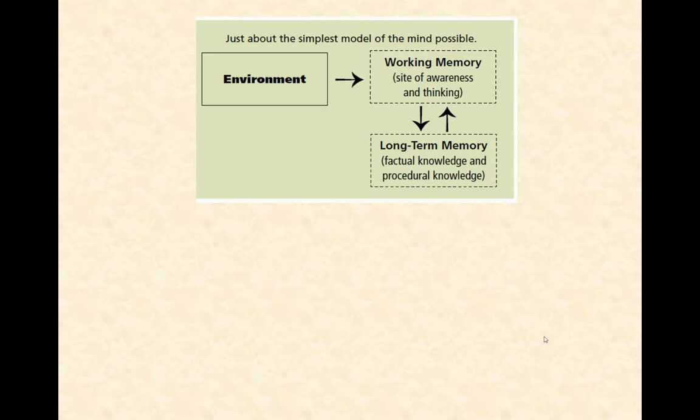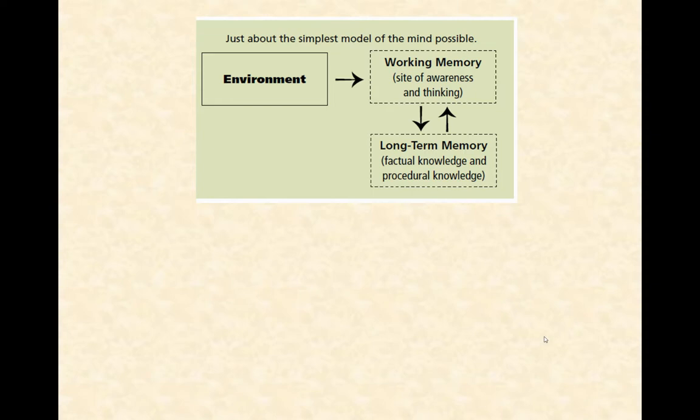You then pull some information from long-term memory out into your working memory. These occur in different regions of the brain, and research over the past decades has been finding out more about how this actually works in terms of how memories are stored within the neurons and synapses within your brain. But that's a discussion for another time.